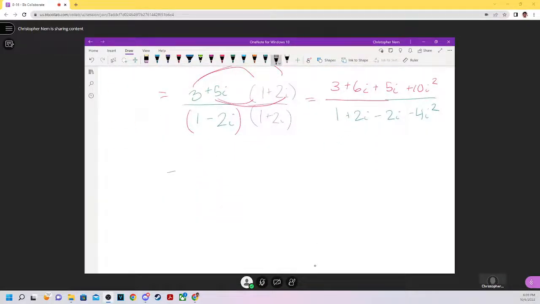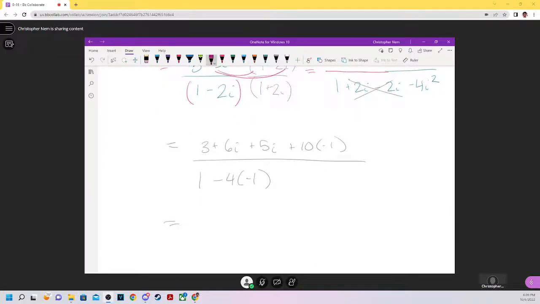The reason you always rationalize this way is because you're going to get i squared, which will get deleted, and then the middle terms will get deleted because they're just positives and negatives of themselves. So now for my numerator, I have 3 plus 6i plus 5i plus 10 times negative 1. I'm just using my definition. All over, well, these two cancel out. They're like terms. So now I have 1 minus 4 times negative 1.